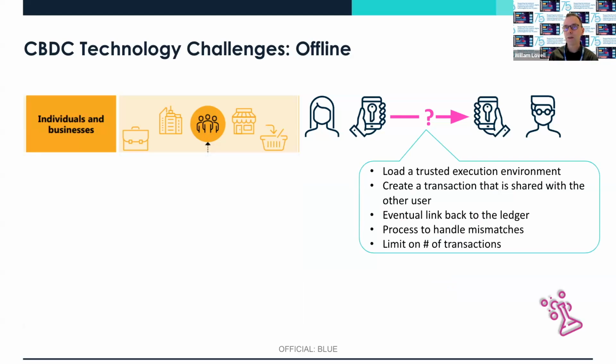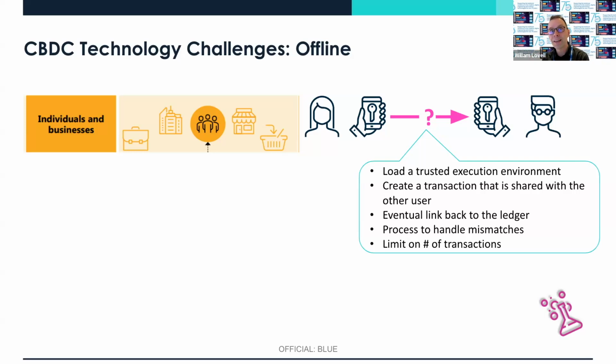Now, you have to have an eventual link back to the ledger. So at some point in the future, these two folks will go back online, and then those transactions will, with the right cryptography, the majority of the time match, and we'll be able to say that's okay. We can now update the ledger to reflect the fact that that transaction took place.